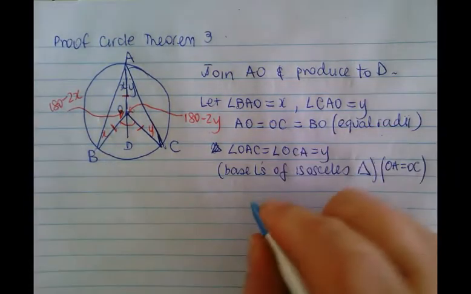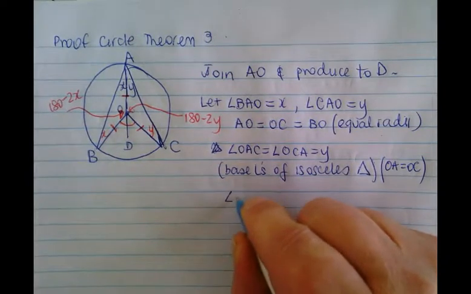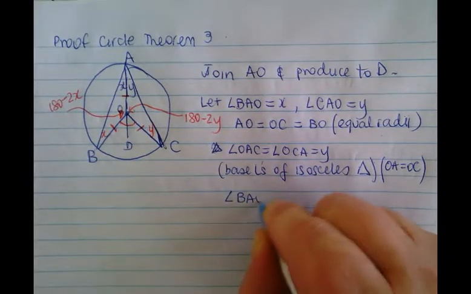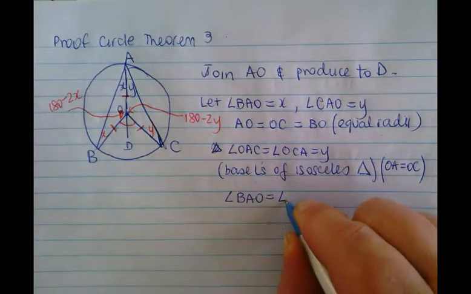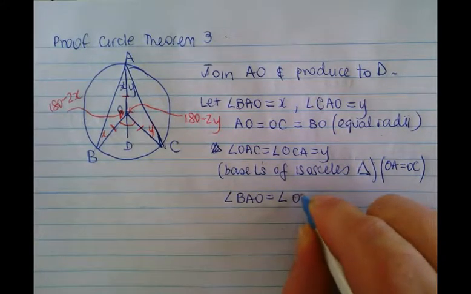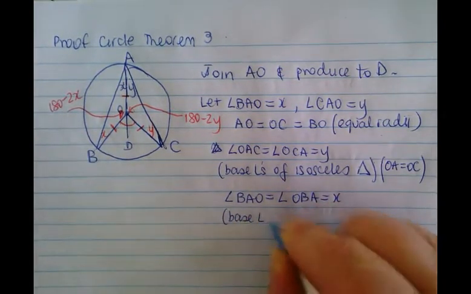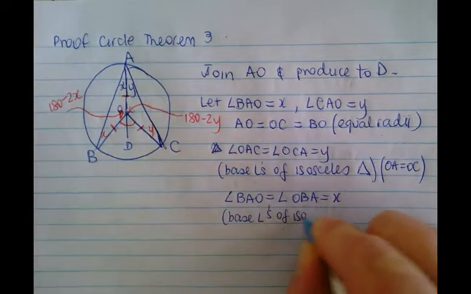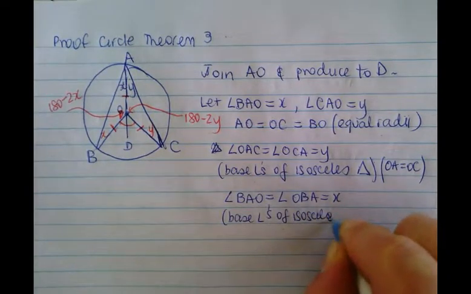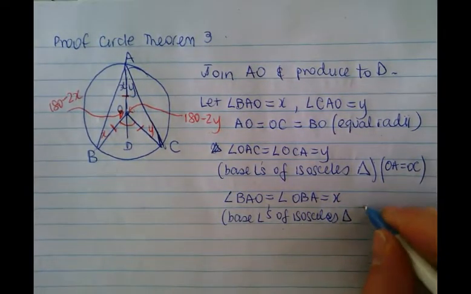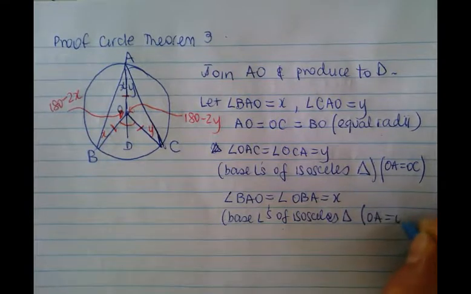And angle OBA equals angle BAO equals x, again base angles of isosceles triangle, OA equals OB.